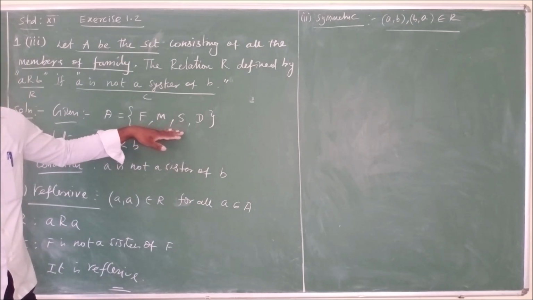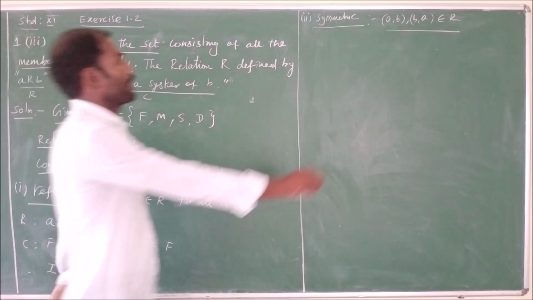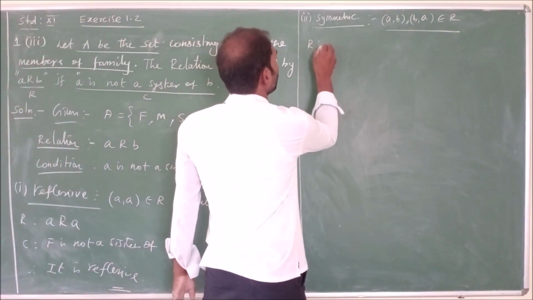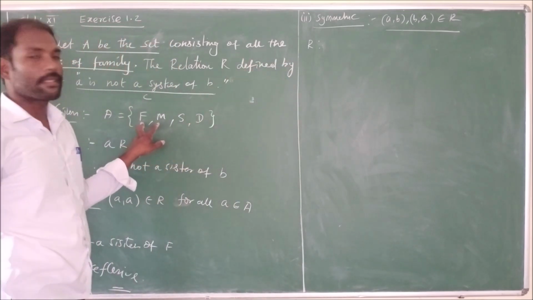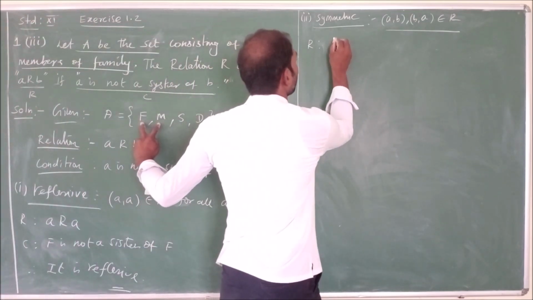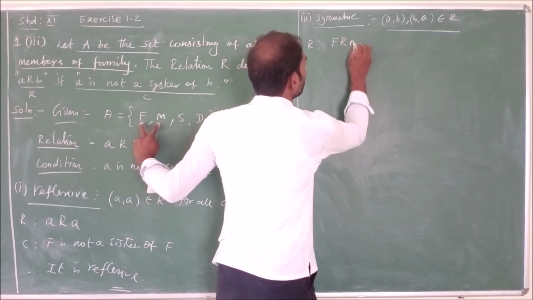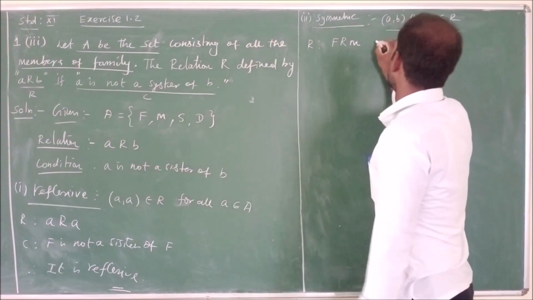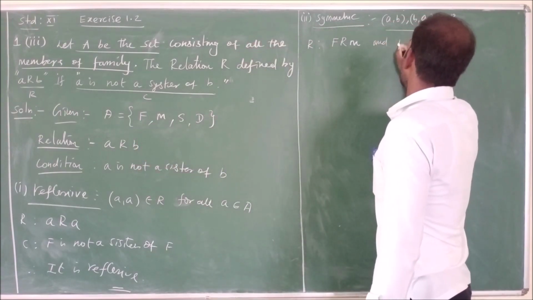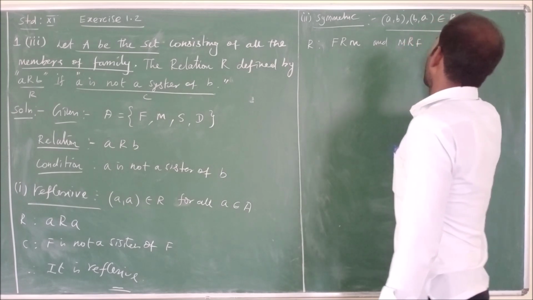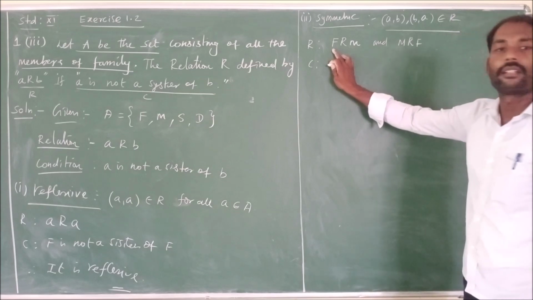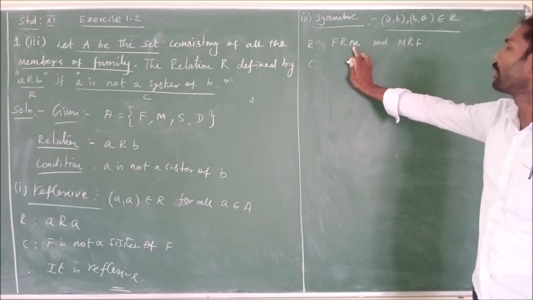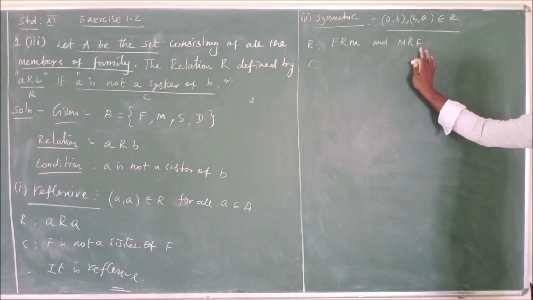Let us check. Father is not a sister of mother: father related to mother, and mother related to father. The condition is father is not a sister of mother, mother is not a sister of father.